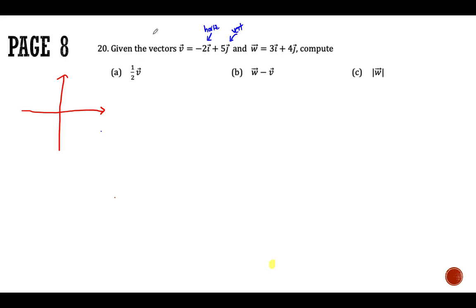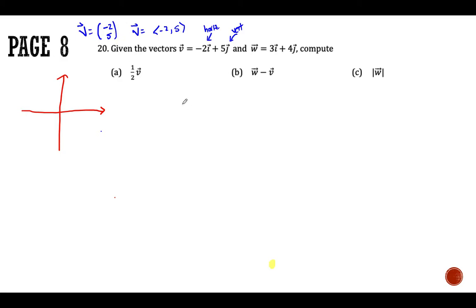And remember, I can write things in vector notation, like -2, 5. I could also write that as vector v. IB likes to write vectors in this vertical format.